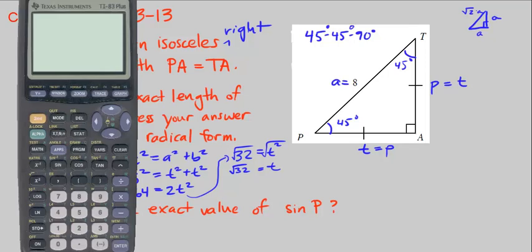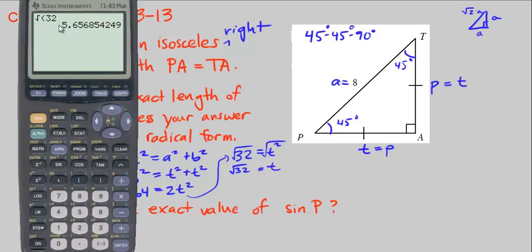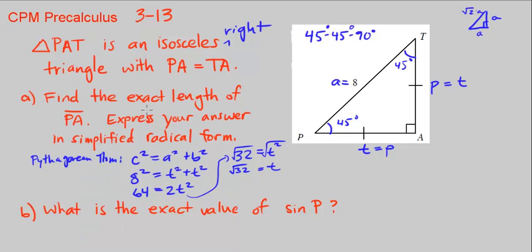Now, normally I would just pull up my calculator and find the square root of 32. But if you notice, we get a long approximate answer. That's not exact. We want the exact length.